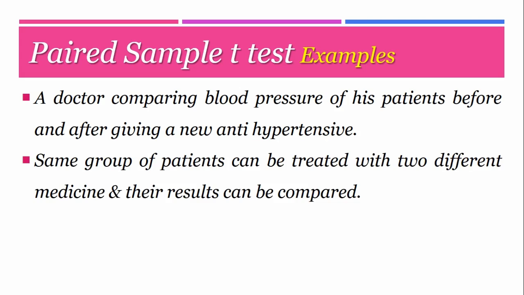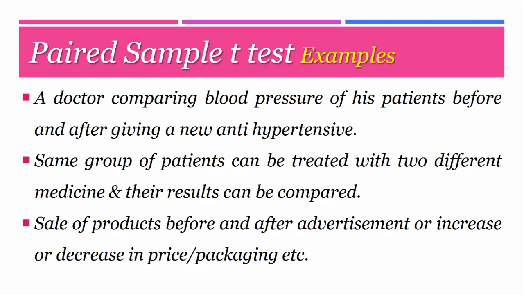Second, the same group of patients can be treated with two different medicines and their results can be compared. Sale of products before and after advertisement, or increase or decrease in price or packaging of the product, etc. So these are the different examples which can be tested with the help of this paired t-test.